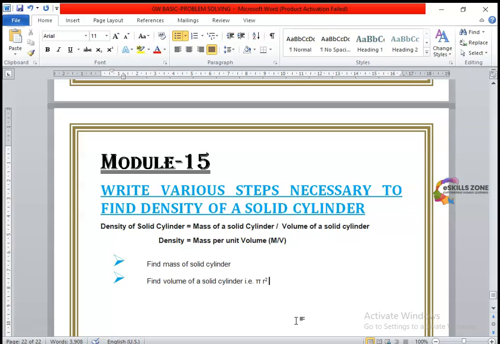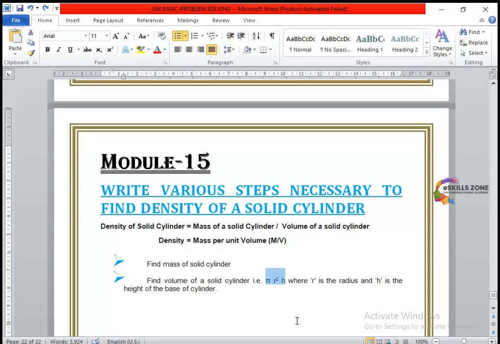So the volume can be calculated by using the formula pi r square h, where r is the radius and h is the height of the cylinder.